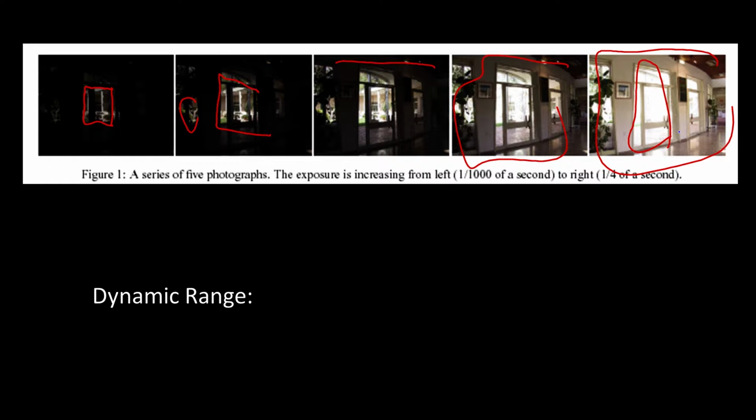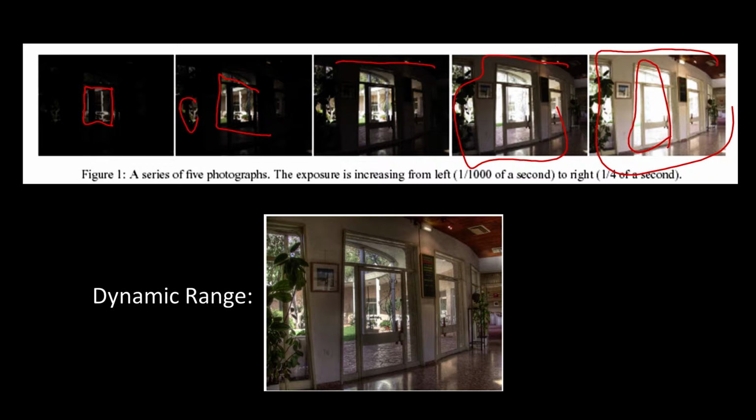And yet, if you were to stand there, what you would see is something that looks like this. You'd have no problem seeing the indoor stuff and the outdoor stuff. It might be a little bit harder to see, but not anything like the camera. And that's because your system deals with dynamic range so much more effectively.